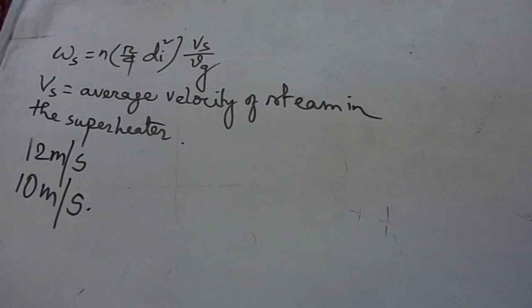Superheaters and reheaters are made of tubes 50 to 75 millimeter outer diameter in utility boilers.